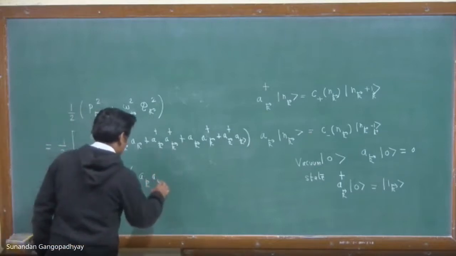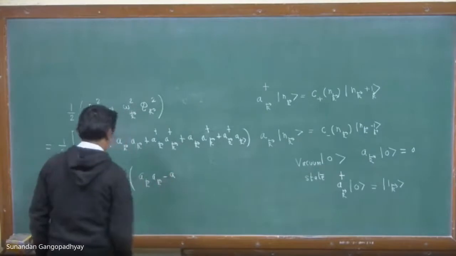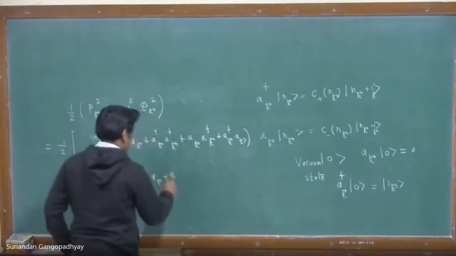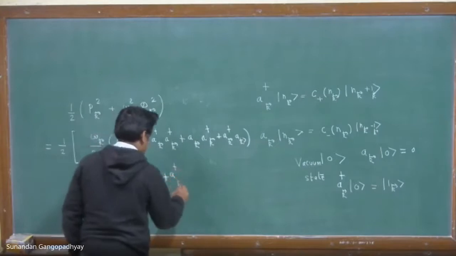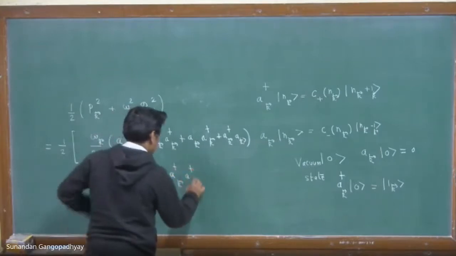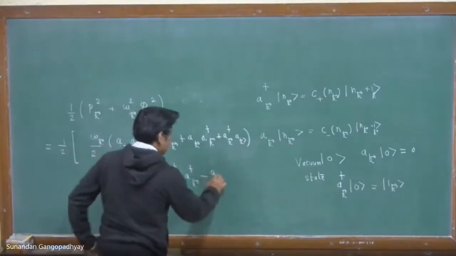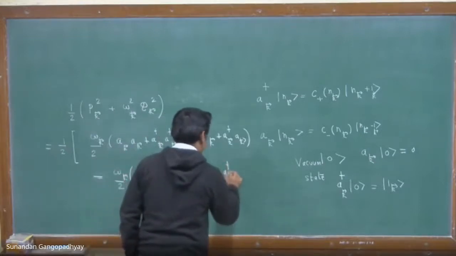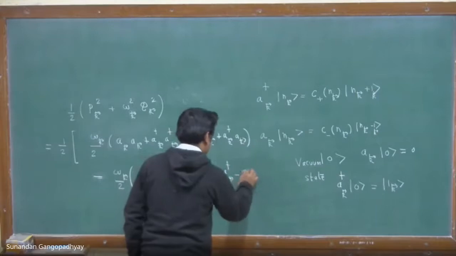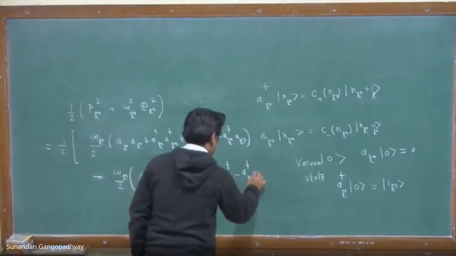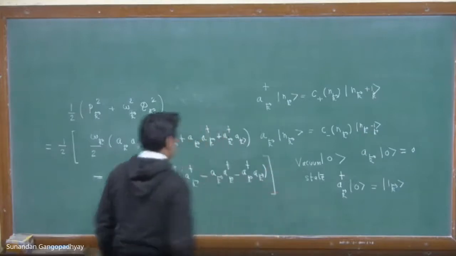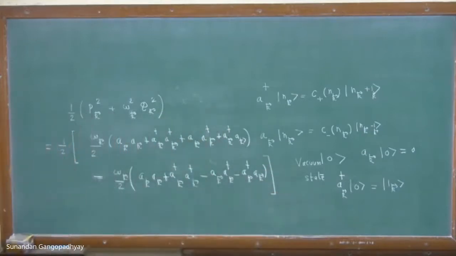This will be ak minus a dagger k, plus a dagger k minus ak, b dagger k minus b dagger k. So this is what we shall have.